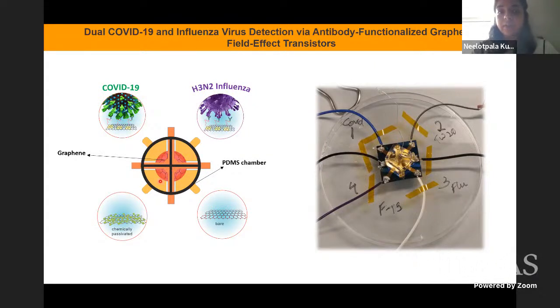With the chemically passivated one, we expect no reaction, and with the bare one, we expect that whatever you put in, you should see a reaction. So you can make a truth table out of it, and the device should not be able to detect any other viral particles.